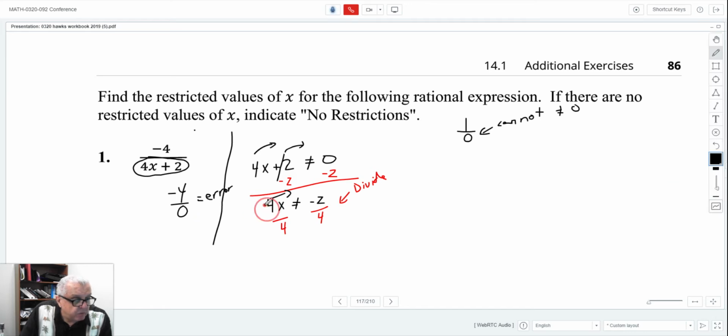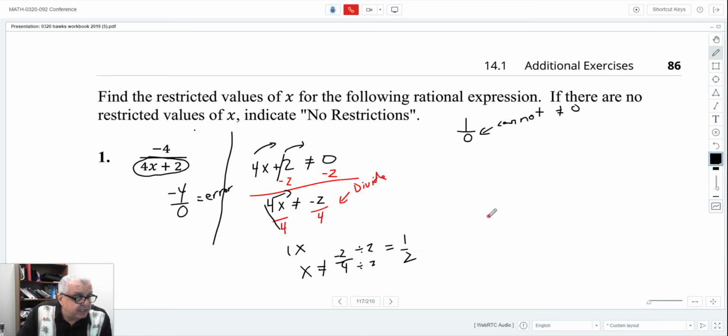Four divided by 4 is 1x. Another way of writing 1x is just x. x cannot equal negative 2 over 4. And this is a fraction, so we're going to reduce it. They both divide by 2.